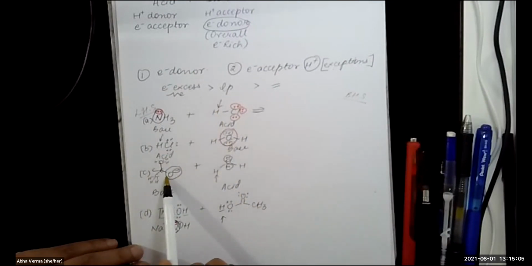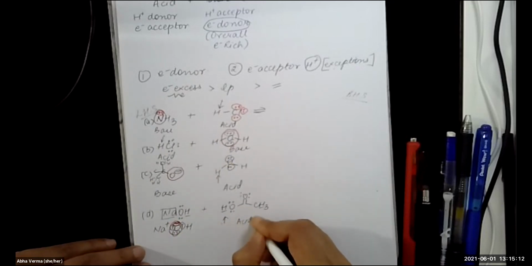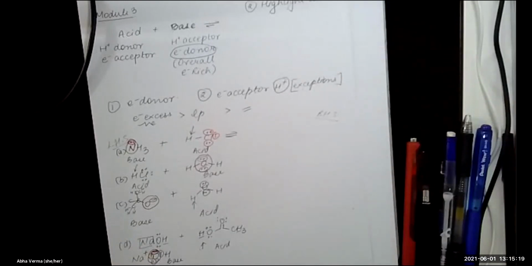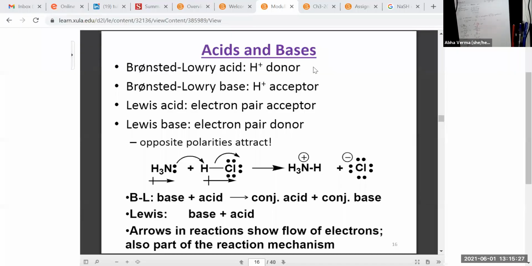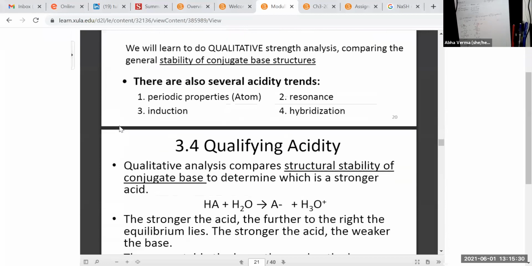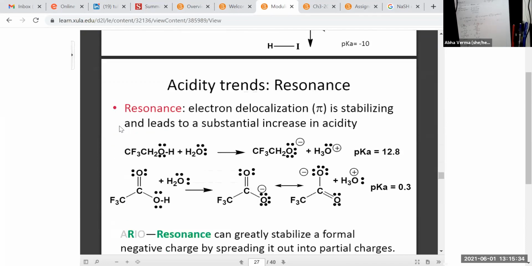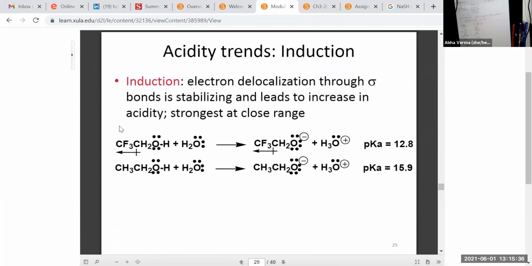Acid, base, base, acid, base, acid. So do you understand these 2 points? The next part of this important topic is how to do the reactions. And that is the third thing that you have to know about. We will be using curved arrows.